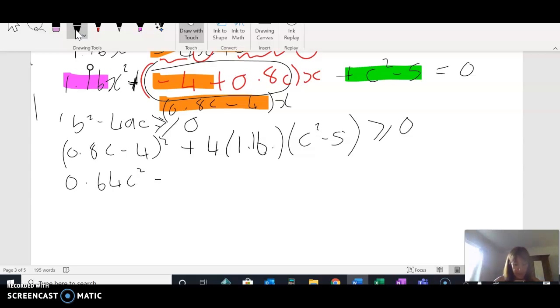If I expand that out, this is something I got prepared earlier, that'll be 6.4c plus 16, and then this little bit, 4 times 1.16 is 4.64, so it'll be 4.64c squared, so 4 times 1.16 times c squared, and then obviously the other term will give me 23.2. Okay, it's greater than or equal to 0.